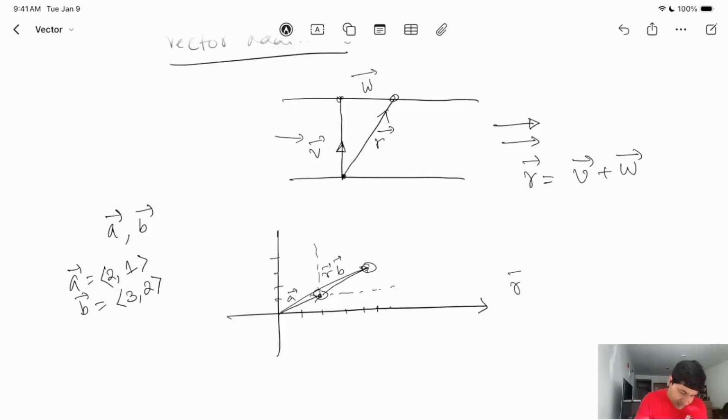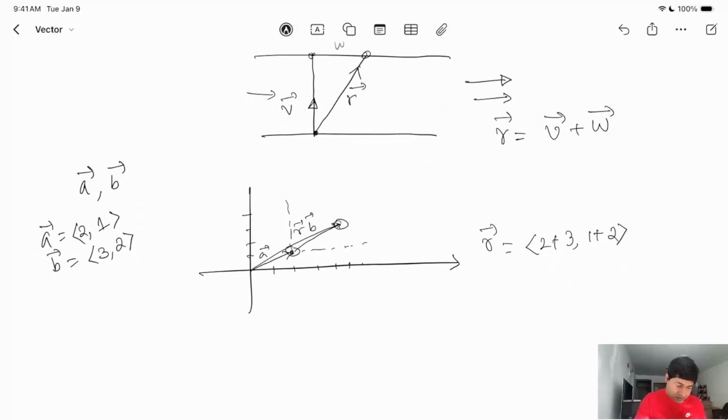How can we add it? It says add all the X components together, so 2 plus 3, and the Y component, the j component, is 1 plus 2. So overall it becomes 5 comma 3. Correct, so that is your resultant vector.